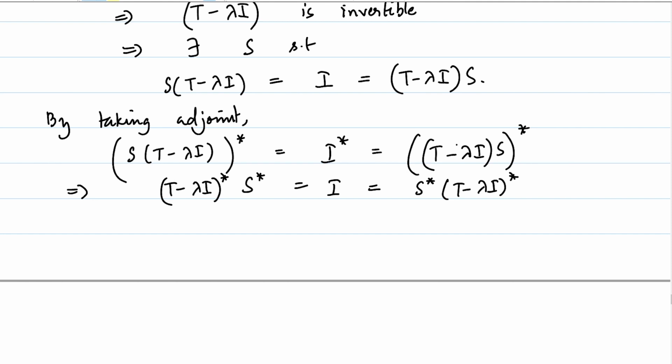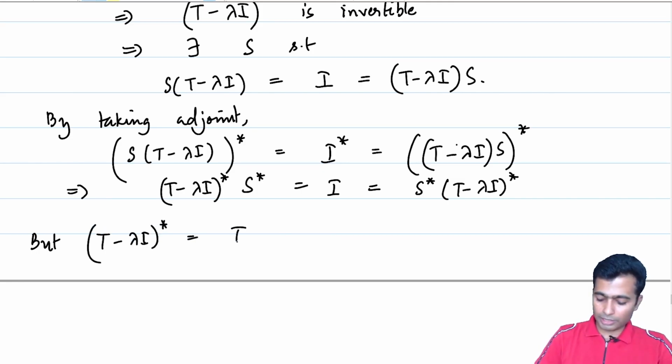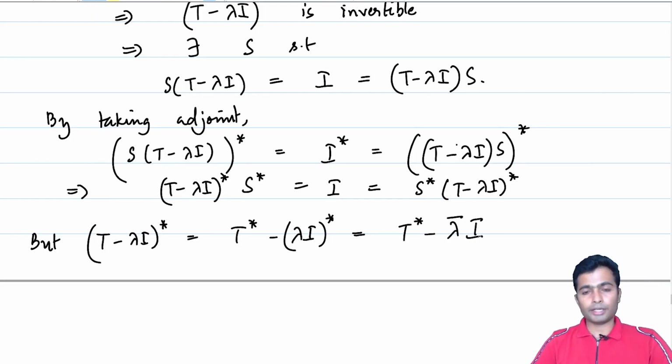But what is T minus lambda I adjoint? T minus lambda I adjoint is just T adjoint minus lambda I adjoint, and we know that this is equal to T adjoint minus lambda bar times the identity.